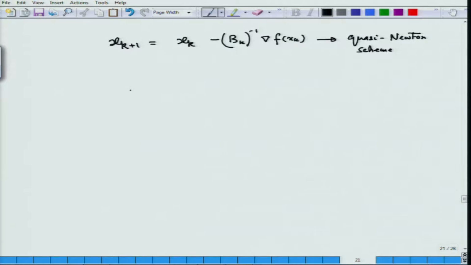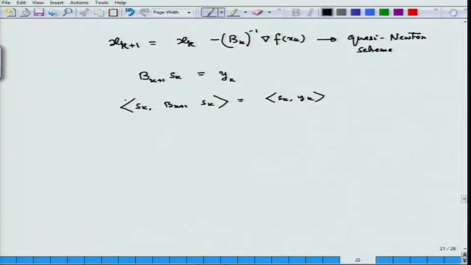Also observe that if I have kept b k plus 1 sk equal to yk, then because b k plus 1 is positive definite, we will have sk transpose b k plus 1 sk equal to sk transpose yk.